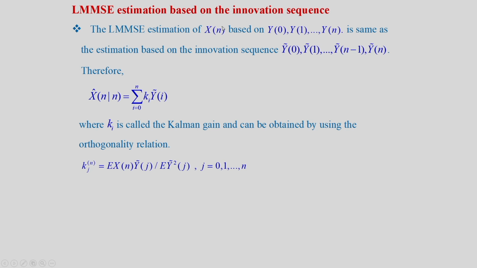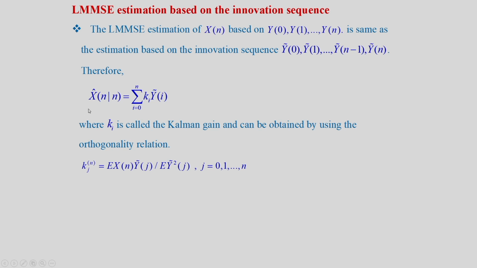We have got an innovation sequence. The LMMSE estimation of x n based on y 0, y 1 up to y n is the same as the estimation based on the innovation sequence y tilde 0, y tilde 1 up to y tilde n.